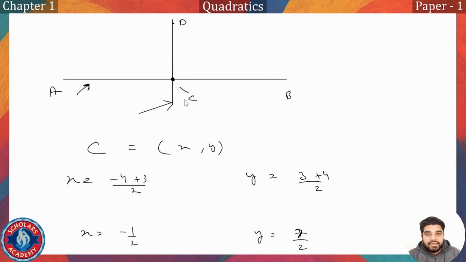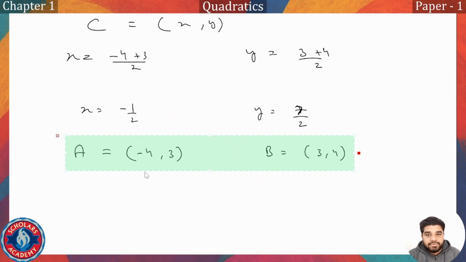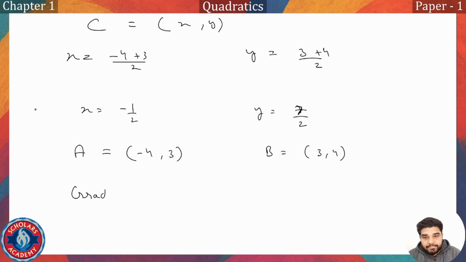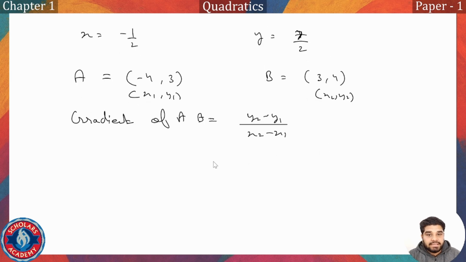So gradient of AB is, if I say AB are these 2 points, and I say this as x1 comma y1 and this as x2 comma y2, so gradient is y2 minus y1 over x2 minus x1. So why is it like that?